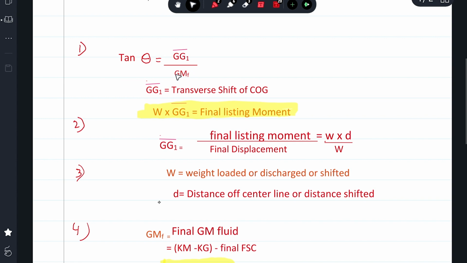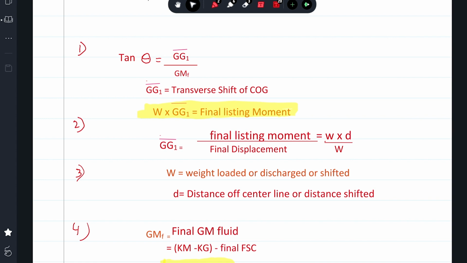GM fluid is there in the formula. GM fluid is KM minus KG minus free surface correction. If the weights which are loaded or discharged have also affected the ship's KG, then we have to find the final KG of the ship.